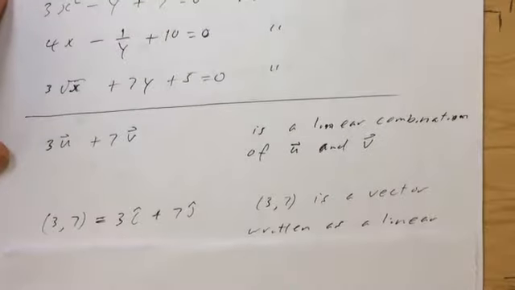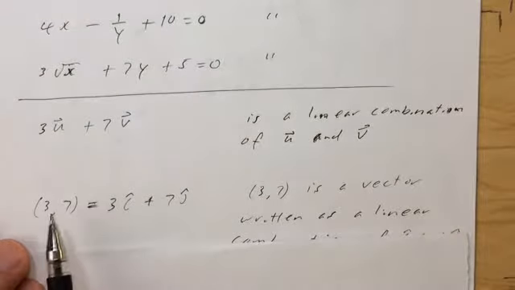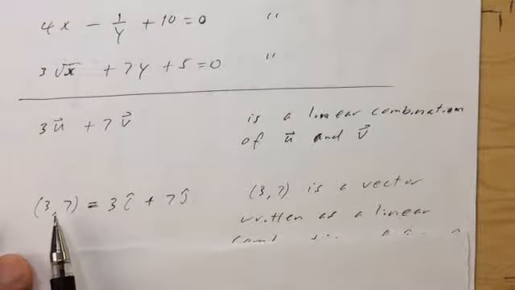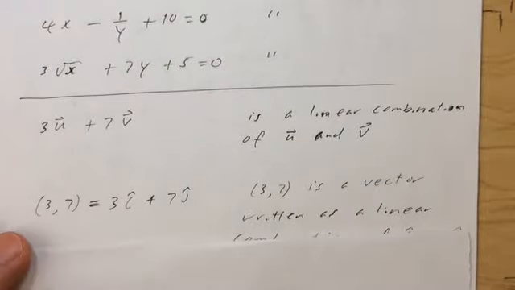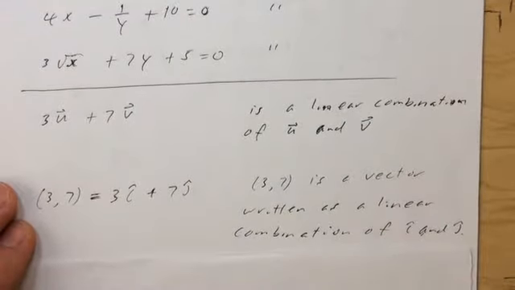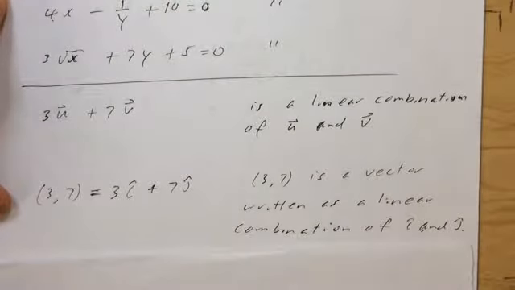The vector 3, 7 can be written as 3i plus 7j. Okay. So the vector 3, 7 is a linear combination of vectors i and j. So it can be written as a linear combination of vectors i and j.